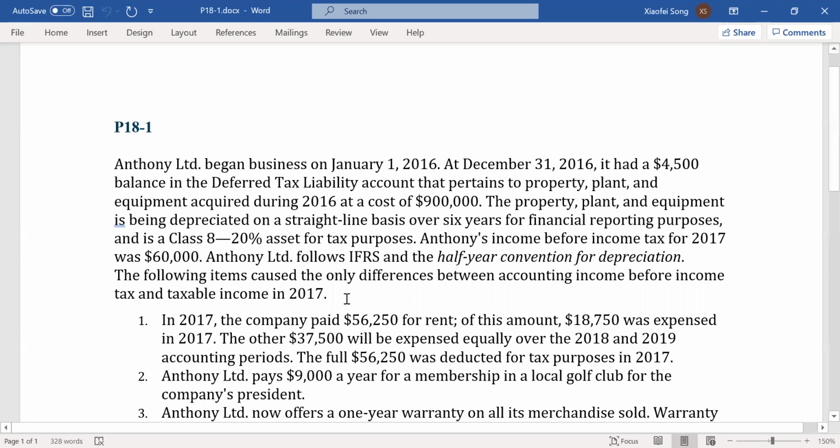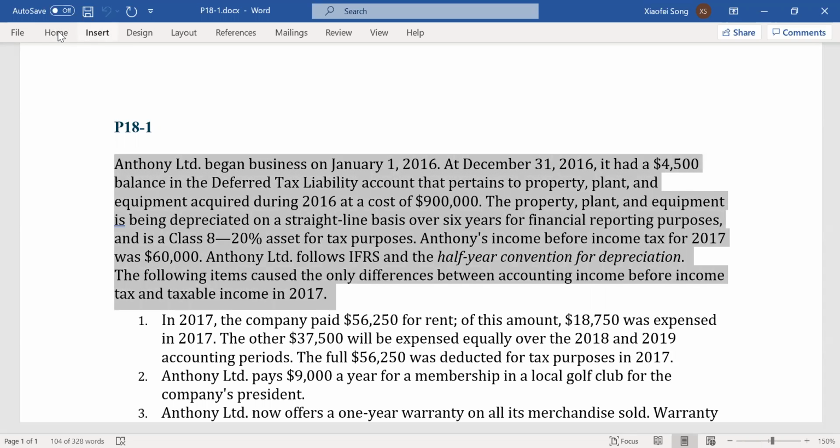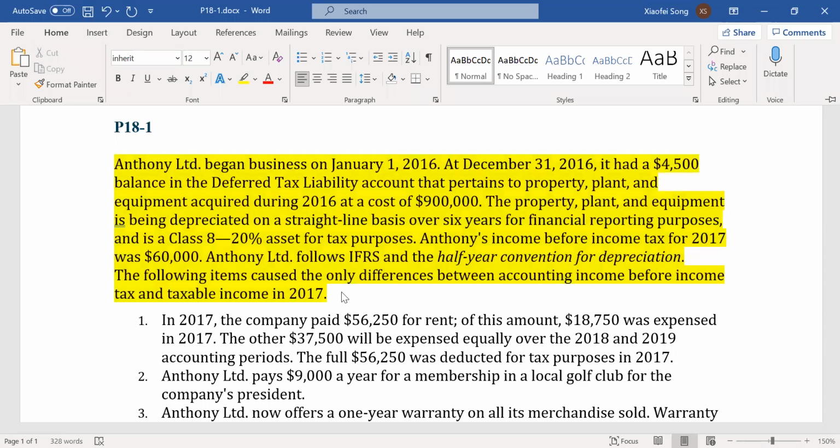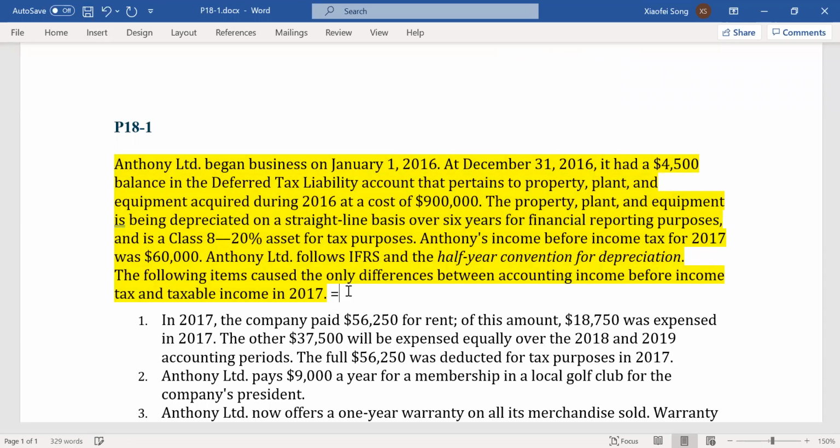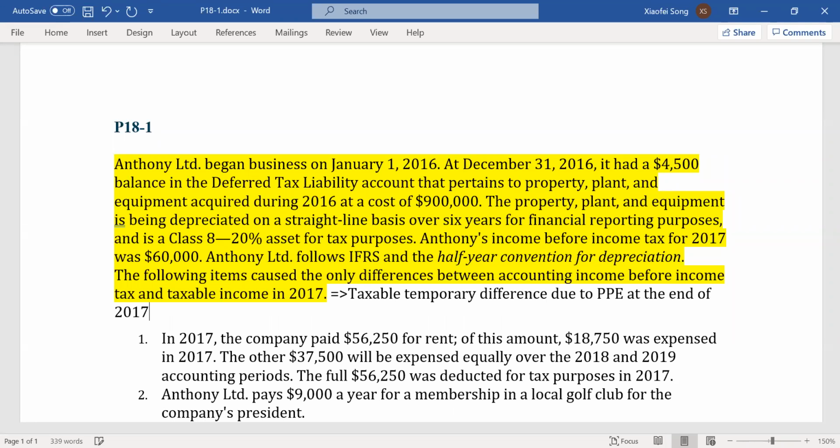So basically, I'm just going to explain. This part tells us, if you did all the calculation, if I were to make this problem, I would just give us the taxable temporary difference due to PPE at the end of 2017.